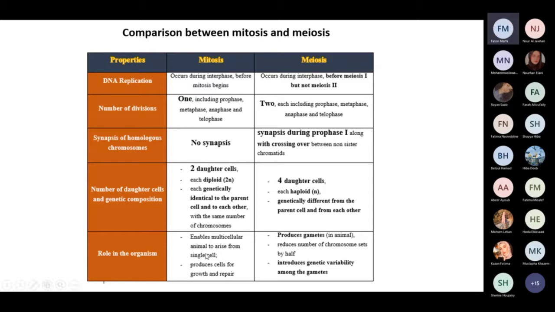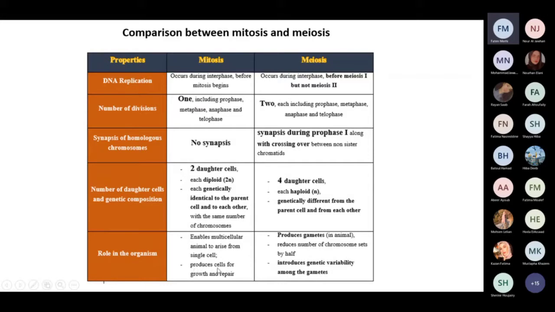So if we had one single cell, this single cell can give me many other cells, okay, and so it will enable multicellular animals to arise from a single cell, okay, like the zygote, for example. When the zygote is formed, we have one cell which is the zygote that will divide to give an embryo, okay, so to give an organism.